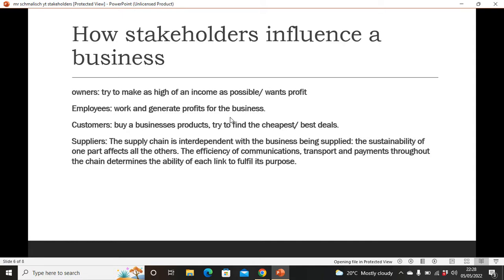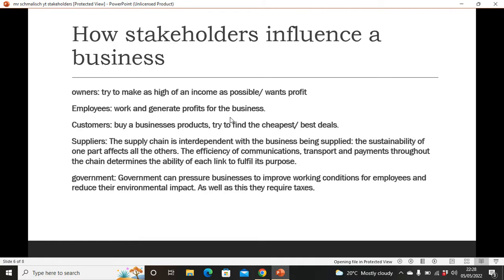That's a knock-on effect onto the business, and they can increase their sales or charge higher prices. However, conversely, if the supplier isn't reliable or does not provide good quality materials, then the business will be affected in that way, and their sales will be impacted negatively.